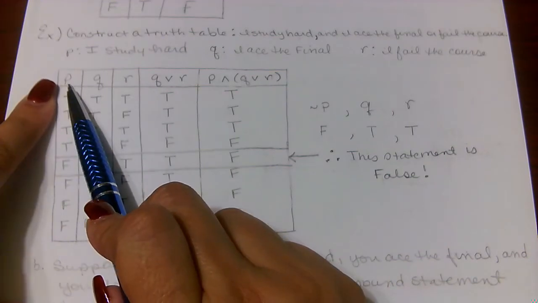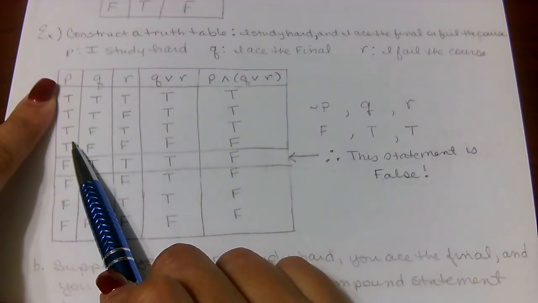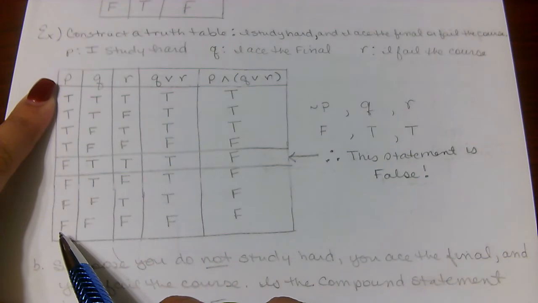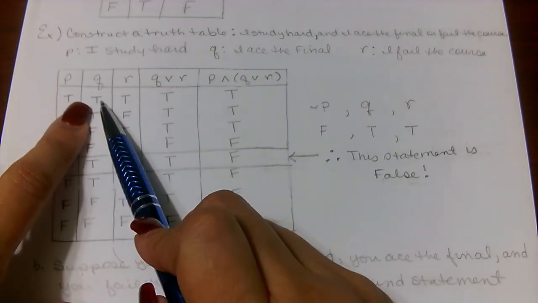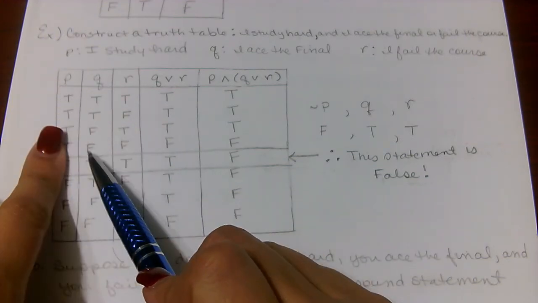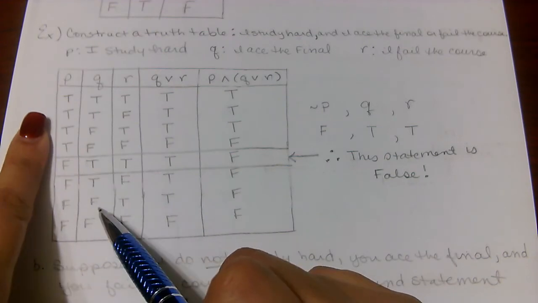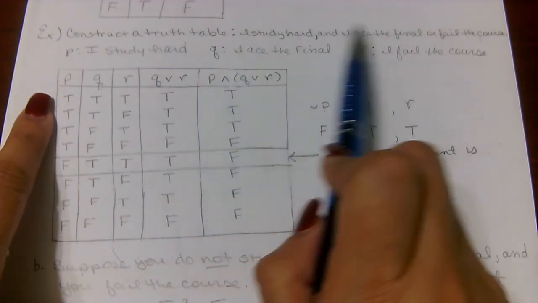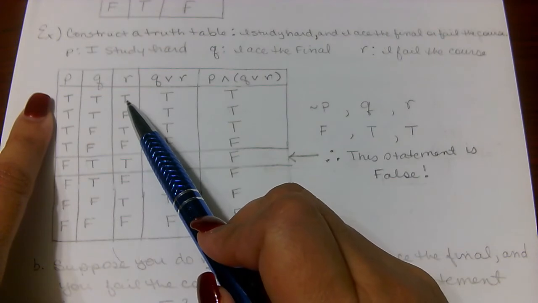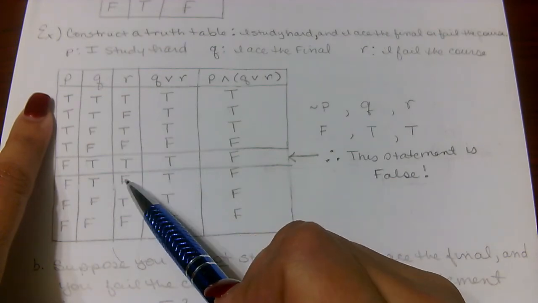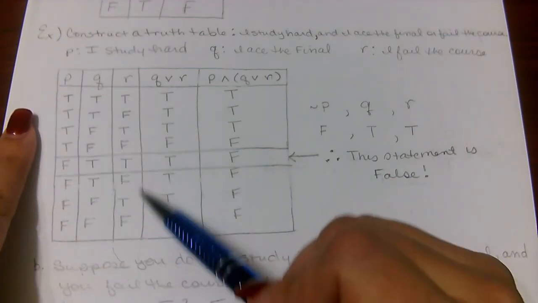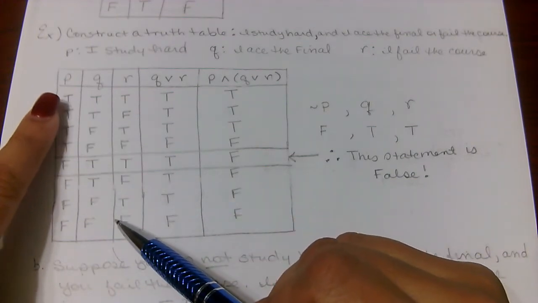So we're going to start with P. Remember here you're going to put 4 truths, 4 false. Q will be 2 truths, 2 false, 2 truths, 2 false. And then R will be alternating. True, false, true, false, true, false. This gets you the entire number of possible outcomes.